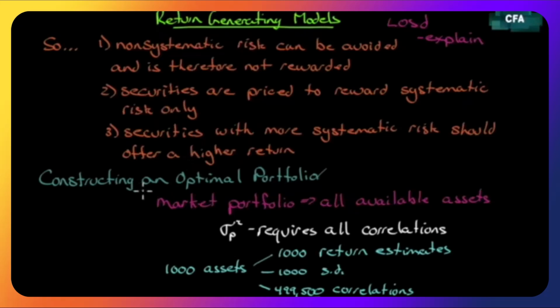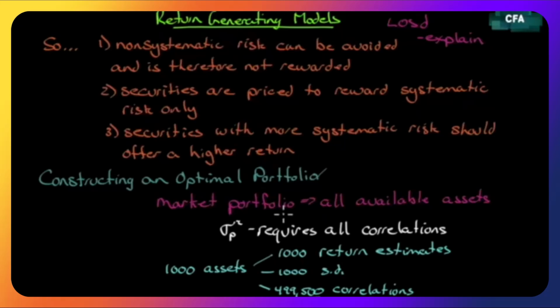So let's say that we were going to construct an optimal portfolio, which is the market portfolio. We know the market portfolio is all available assets that are investable and tradable. But when we introduced the concept, we said that's a lot of work, so let's just pick an equity index. The S&P 500 has 500 components.